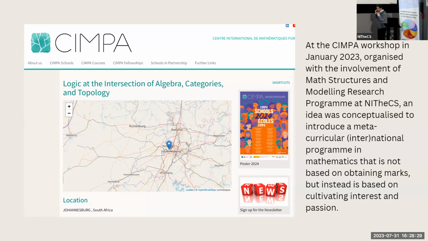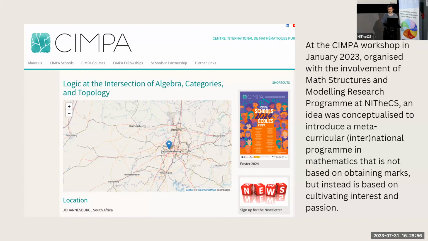We acknowledged that the drive for marks, which is a very important ingredient of the modern education system, is difficult to get rid of because it feeds the drive for money. And it's difficult to convince humankind to think in terms other than money. If you try to do that, it's probably going to take a few centuries.